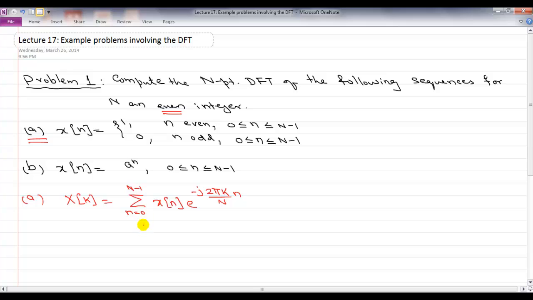In part A, x[n] is 1 for even n and 0 for odd n.